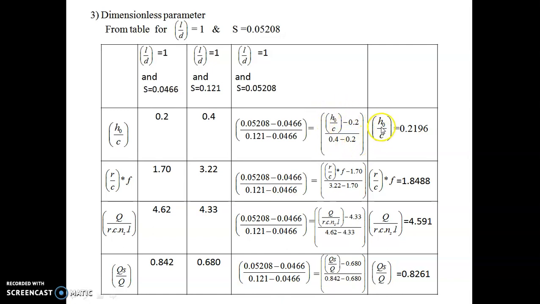From this equation you can get the value of h naught by C 0.2196. Likewise, we can calculate for R upon C into f, Q upon RC Ns L and Qs upon Q. So we can do the interpolation and get the values for all these parameters.